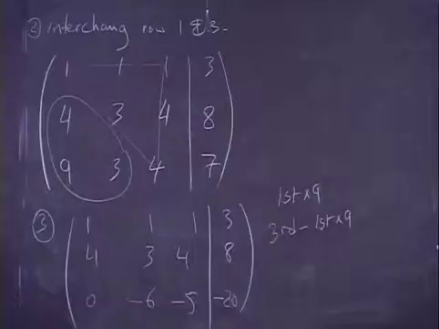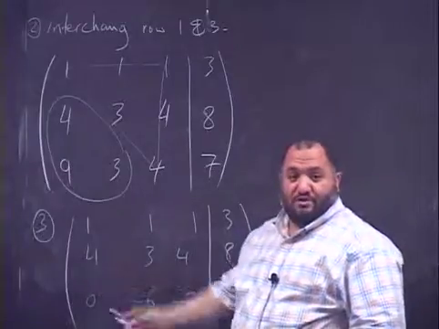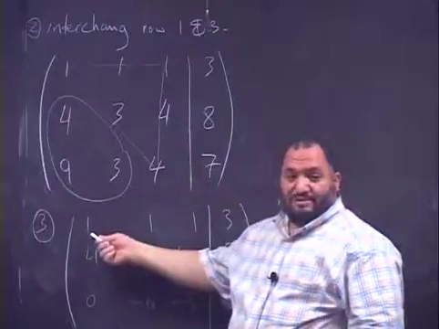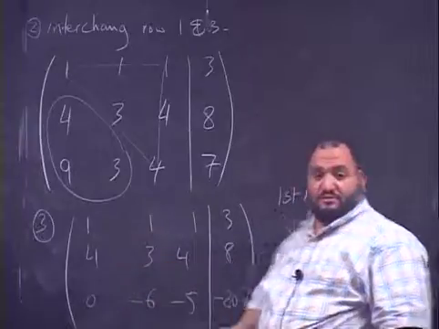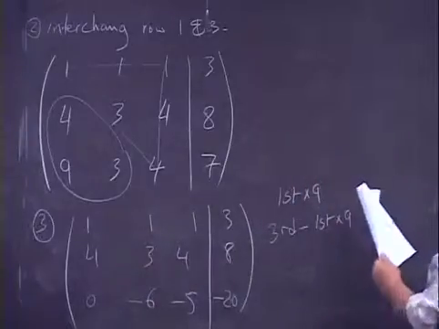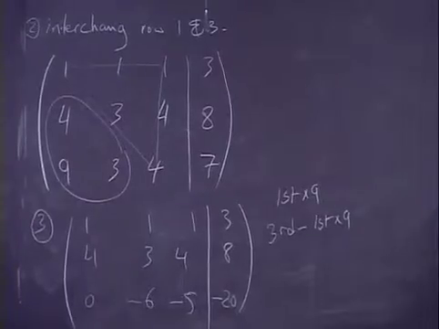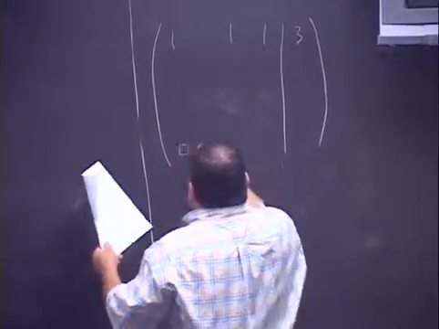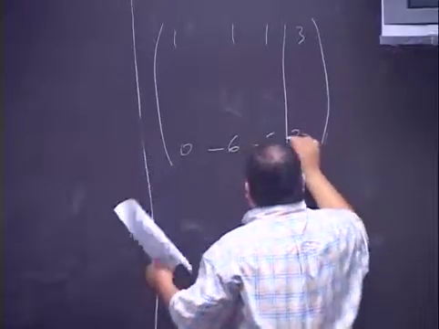Now we want to do the same for the elements here, 4. So we'll multiply the first by 4, then subtract it from this equation. When you do this, we'll end up with 1, 1, 1, 3 again. The last row we will not change because we are performing the operation in row number 2.